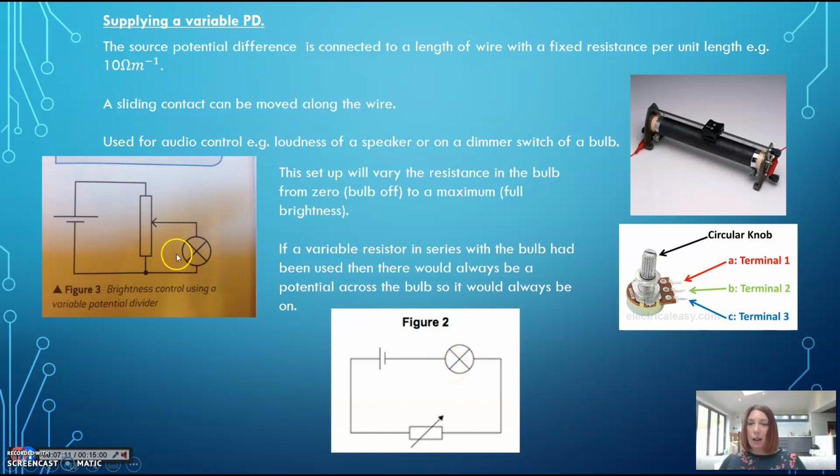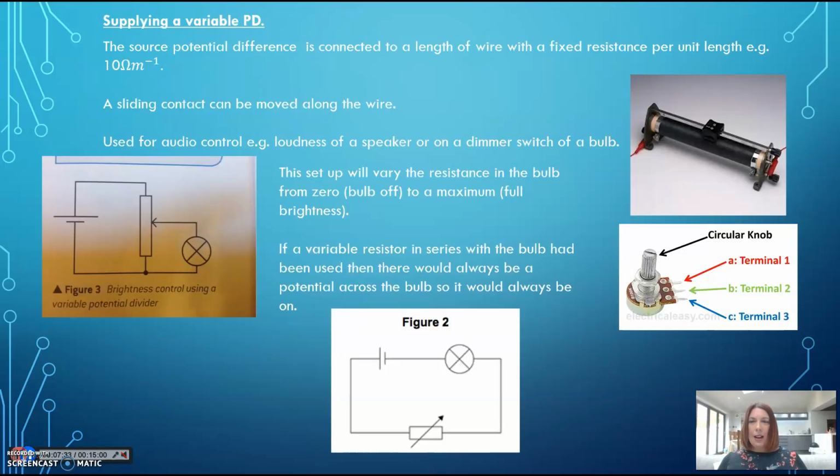So this circuit is much better, and sometimes questions ask you about why that is. It's because in this circuit, the resistance across the bulb can be from 0 to a maximum. But in this one, it will always have a share of the potential difference, so it will always be on.